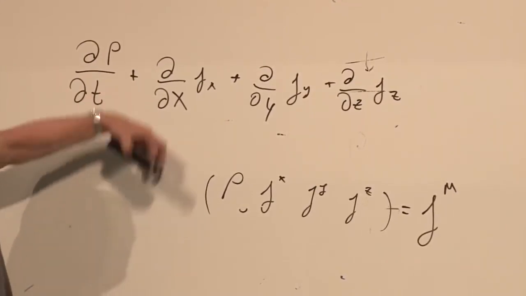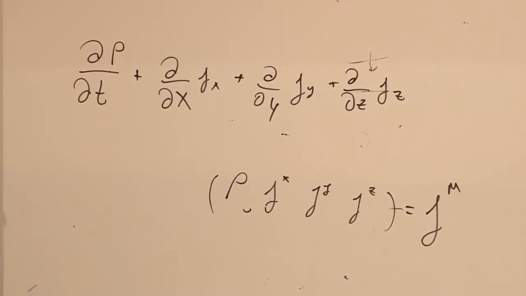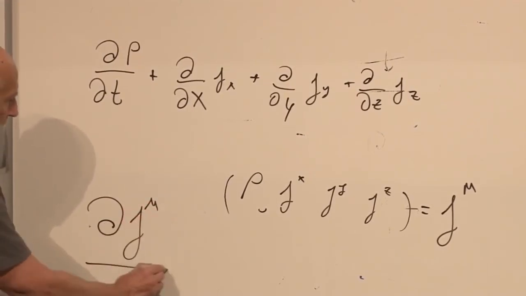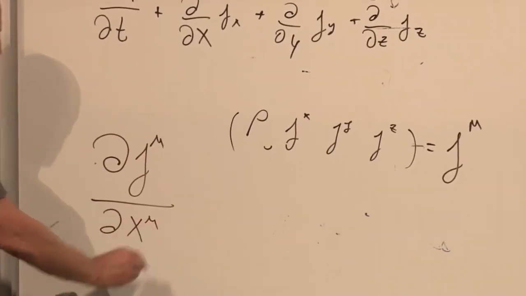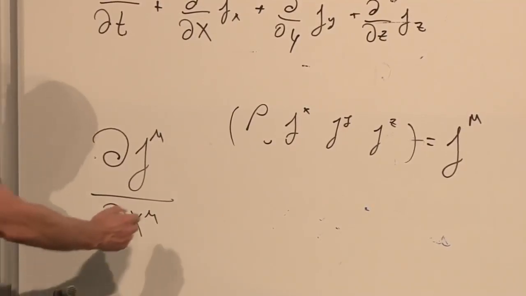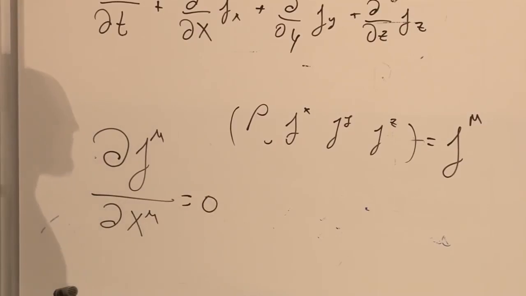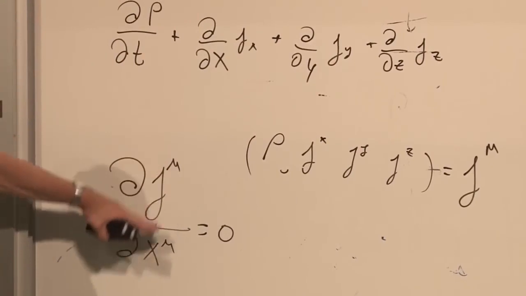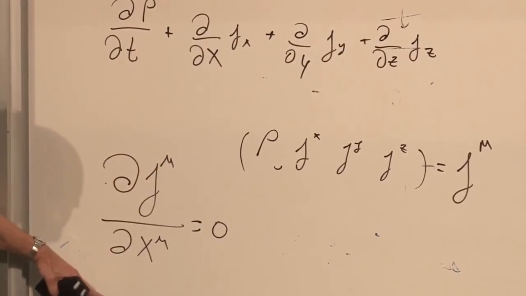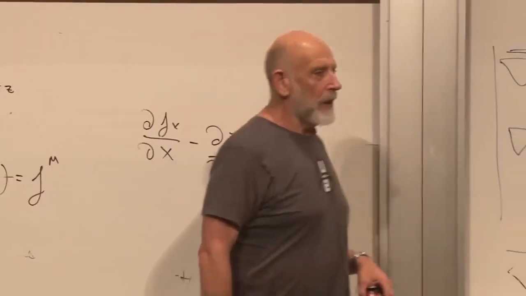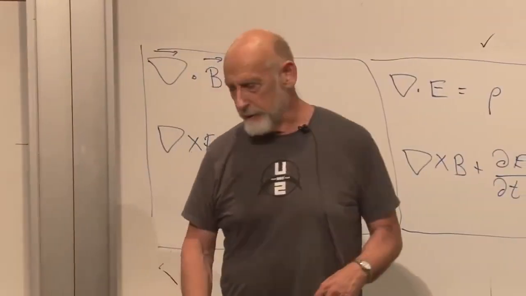Then this equation has the form of a four-dimensional relativistically invariant equation, dJ mu by dx mu summed over mu, Einstein's summation convention, equals 0. So it's natural, therefore, to think of rho together with J as the components of a four-vector. In fact, it's not hard to prove that they really do transform as the components of a four-vector.